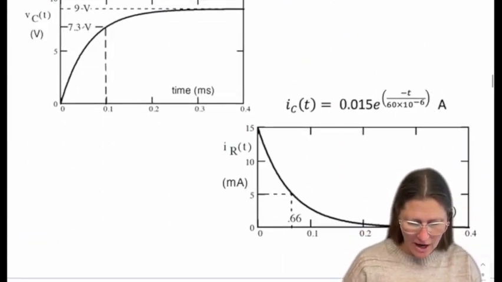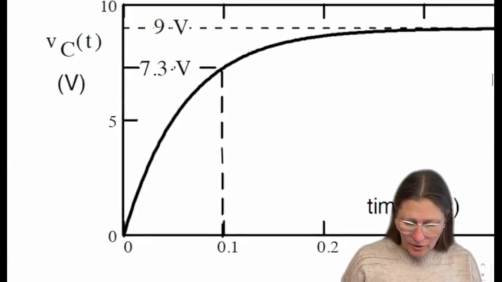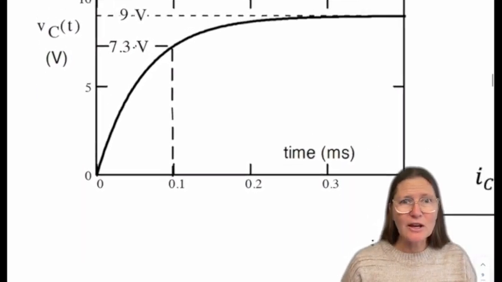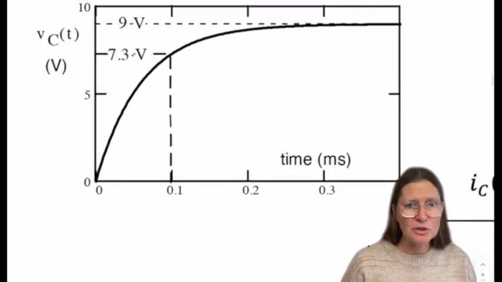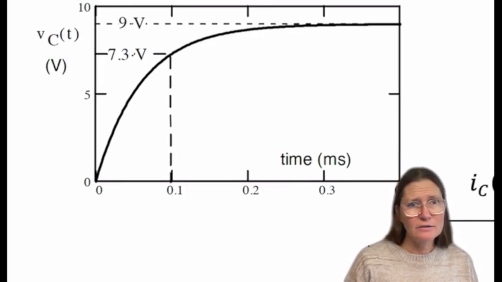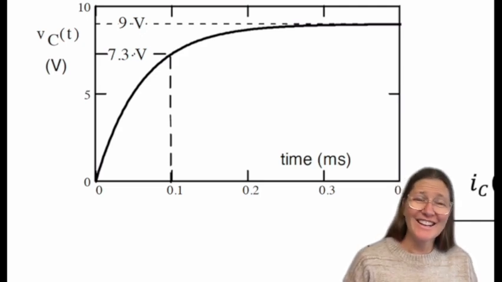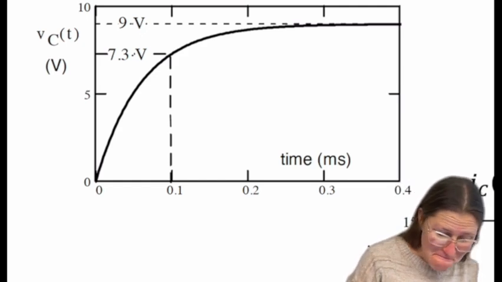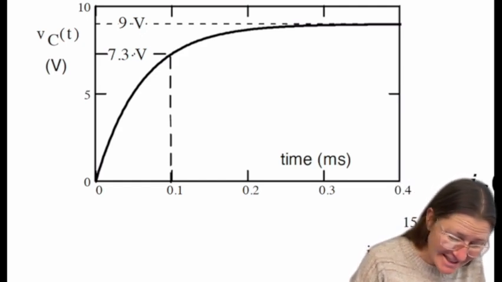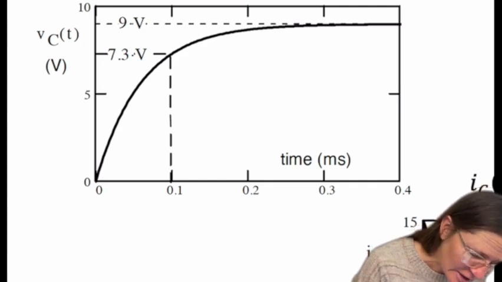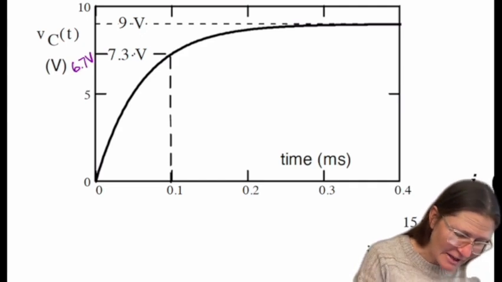Okay, so here's our graph. This is what the graph looks like for the voltage across the capacitor. At 7.3, I didn't, should be 6.7 volts from 10.